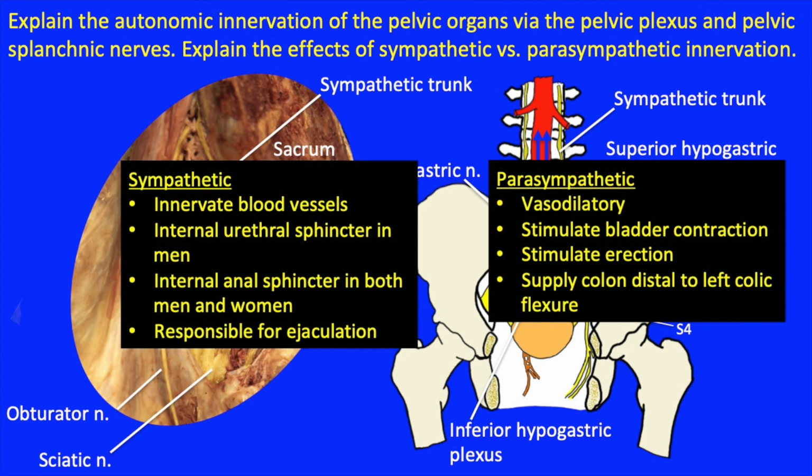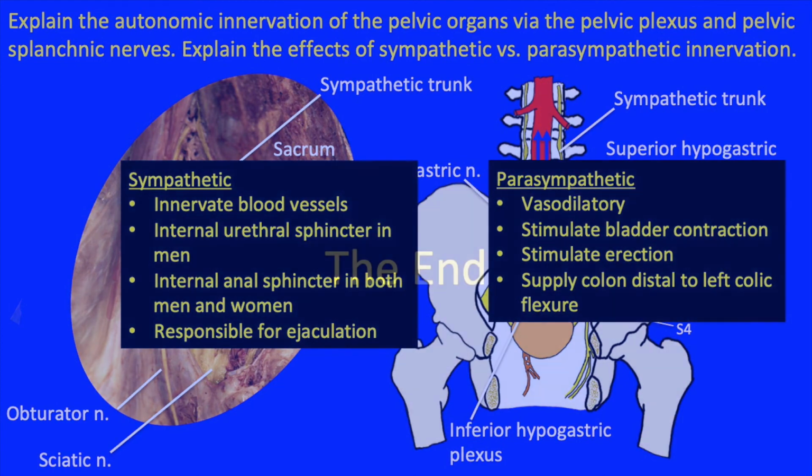Parasympathetic fibers are generally vasodilatory, stimulate bladder contraction, stimulate erection, and modulate the enteric nervous system of the colon distal to the left colic flexure. This now concludes the third section of this lecture series on the pelvis.